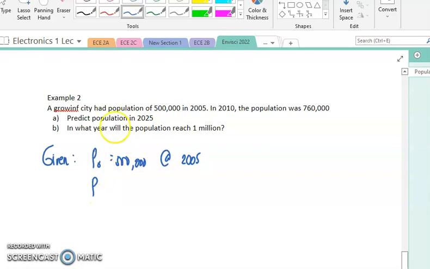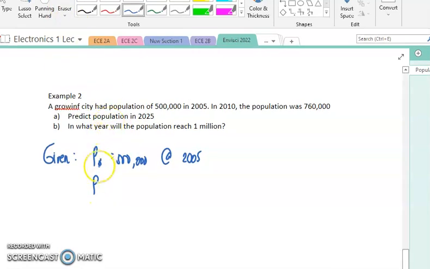So probably we can write this one as P 2005. Then next, in 2010, the population becomes 760,000. Okay, predict the population in 2025.